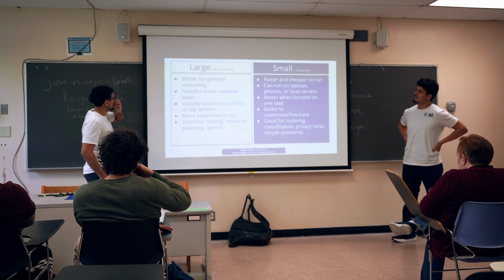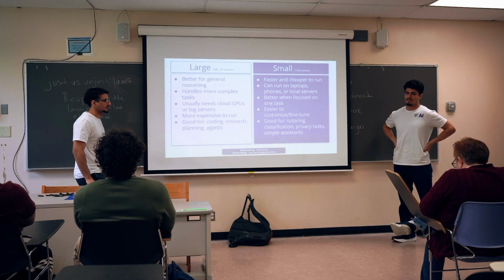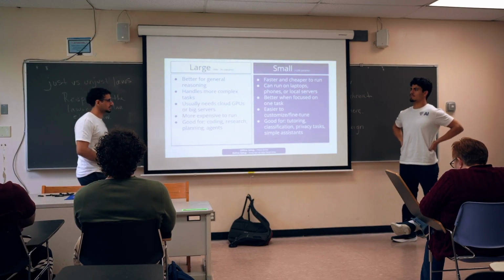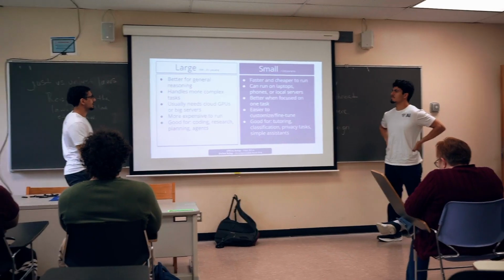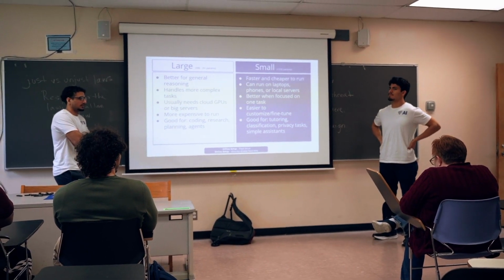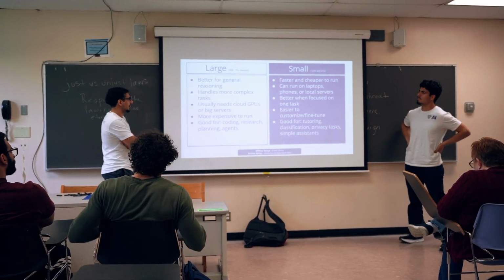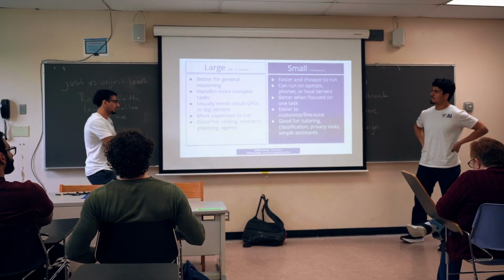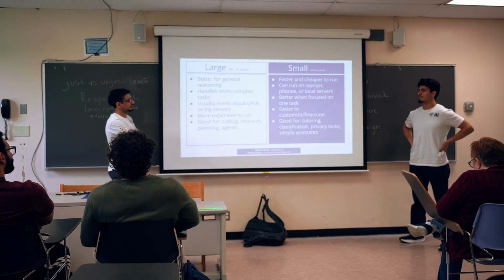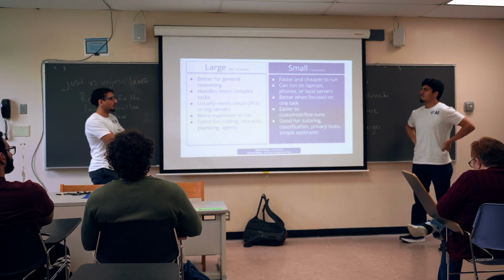For large models, it's better for general reasoning, and it handles more complex tasks, like the state-of-the-art ChatGPT, Opus, all the Claude agents, and it needs cloud GPUs and big servers, these massive data centers. A lot of the concern is centered around that. It's more expensive to run, but it's good for your coding, your research, your planning, and your agents. But we'll touch on this, the use case is not always needed.